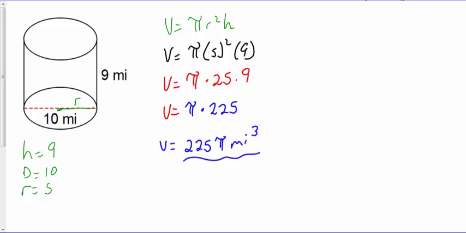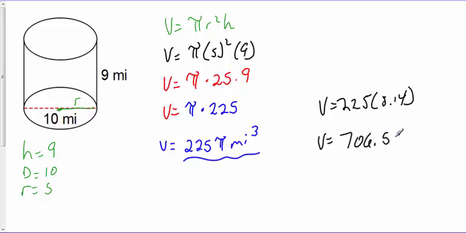Okay, so that's our answer in terms of pi. Now, if we want to give an answer that has pi calculated, then we would need to go volume equals 225 times 3.14, and that would be volume equals 706.5 miles cubed.